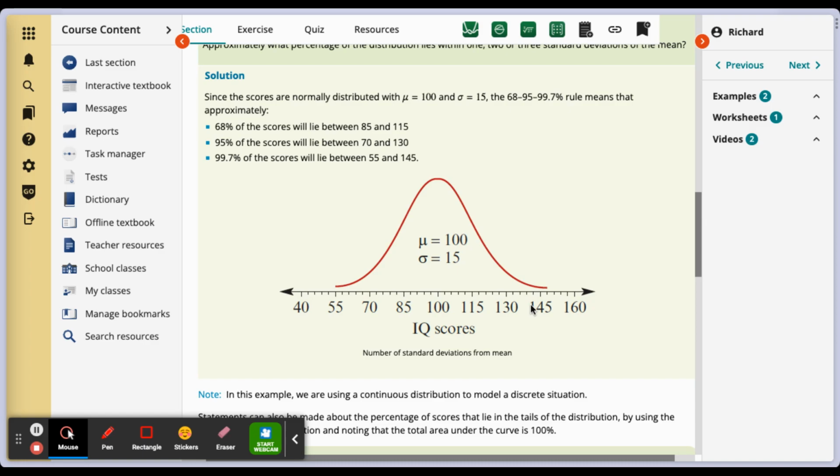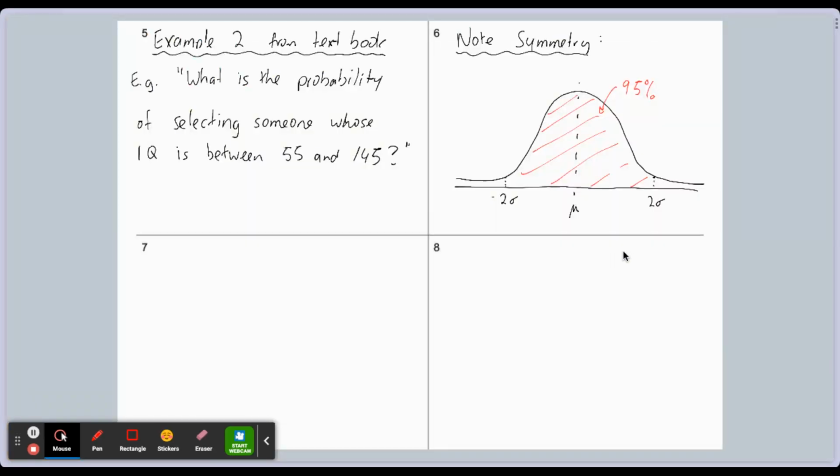And so you would say the probability of selecting someone between 55 and 145 would be 99.7%. So you are almost definitely going to select someone whose IQ is between 55 and 145. You might not, but it's a very unlikely chance if you've got a big enough data set.